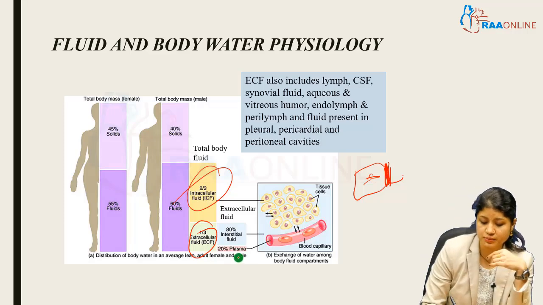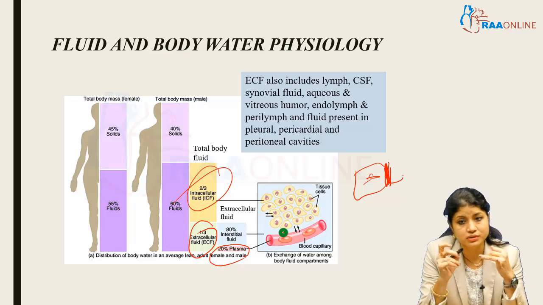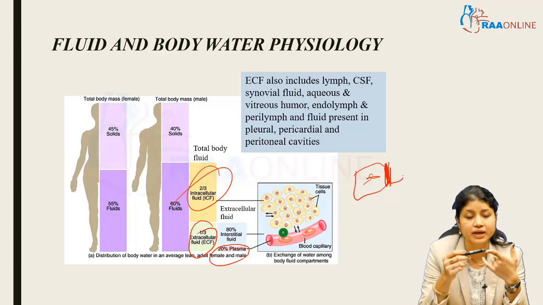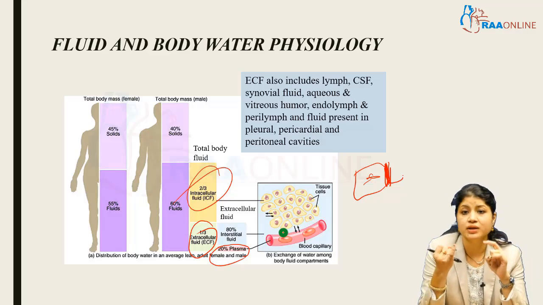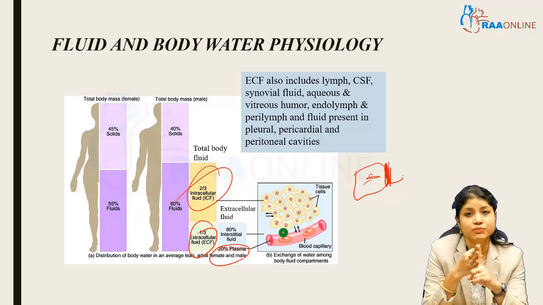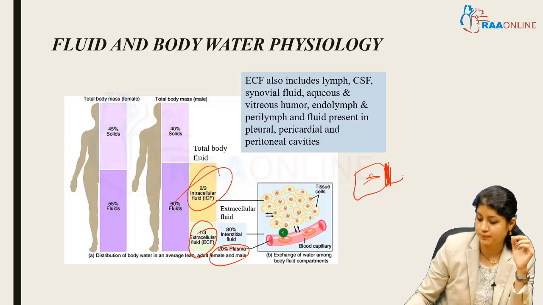The extracellular fluid also comprises some amount of lymph, CSF, synovial fluid, pericardial fluid, pleural fluid, the vitreous humor present in the eye, the aqueous humor, the perilymph fluid, the endolymph fluid, every small amount of fluid present.